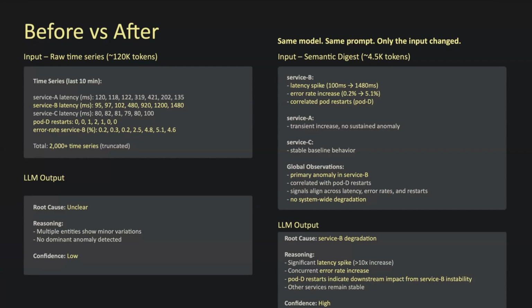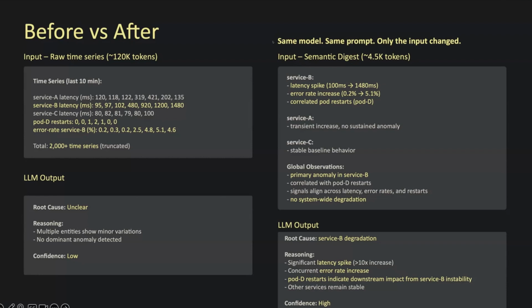In this particular digest, it's very easy to see the signals clearly. The latency spike in service B is obvious. The error rate increase is also obvious, and it's able to correlate this increase in latency and error rates with pod restarts. So the global observations indicate that there is a primary anomaly in service B, and when this information is passed to the LLM, the output clearly states that the root cause is service B degradation, and the confidence is really high.